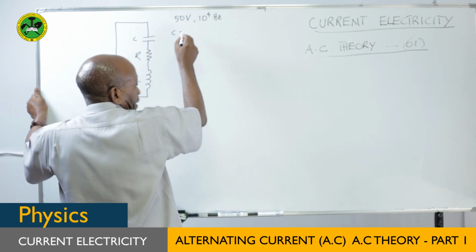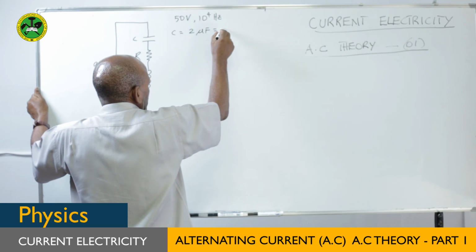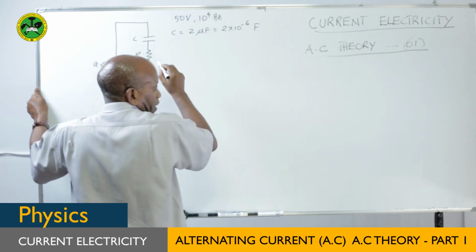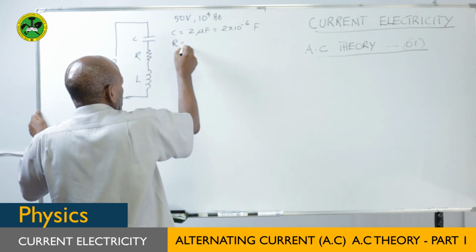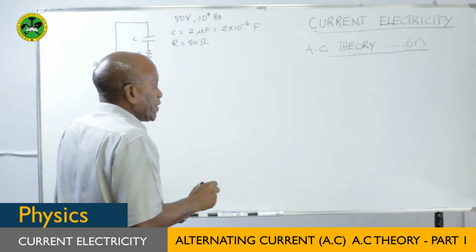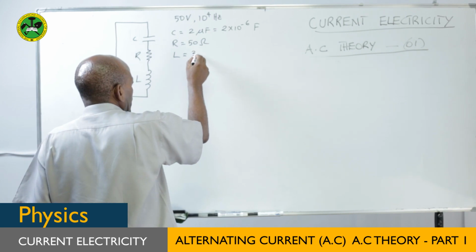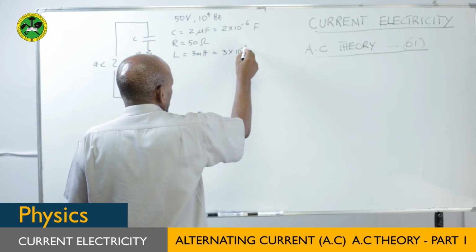The capacitor is given to be of 2 microfarad, which is equal to 2 times 10 power minus 6 farad. The resistor is of 50 ohm. And the inductor L is of 3 millihenry, that is 3 times 10 power minus 3 henries.